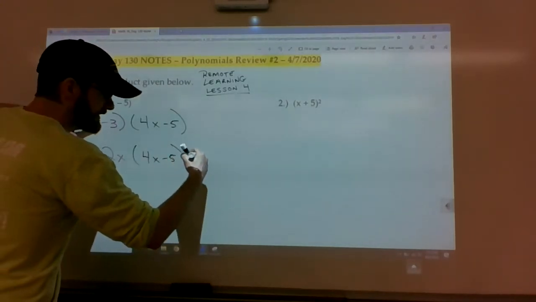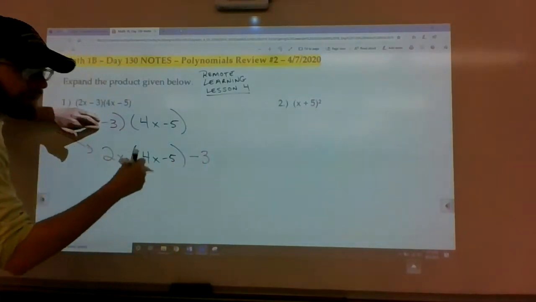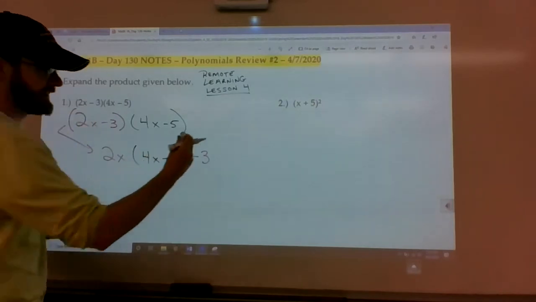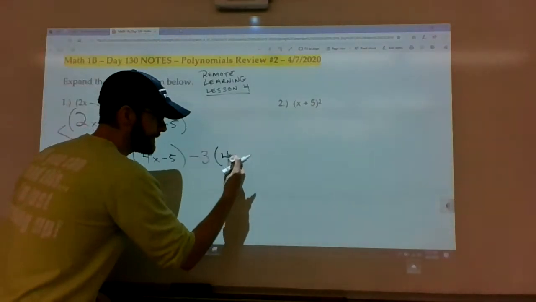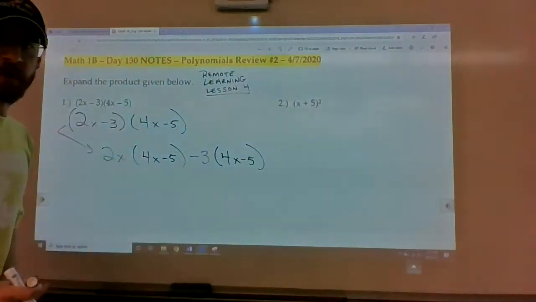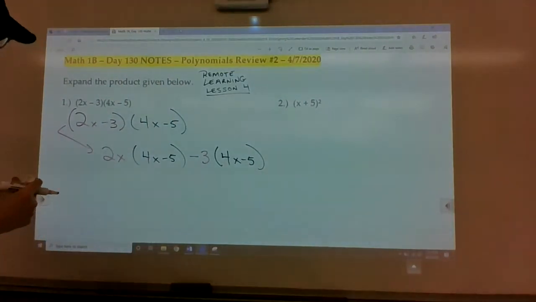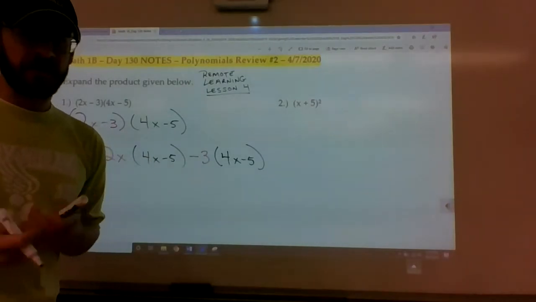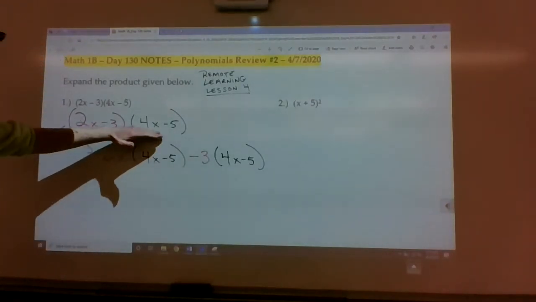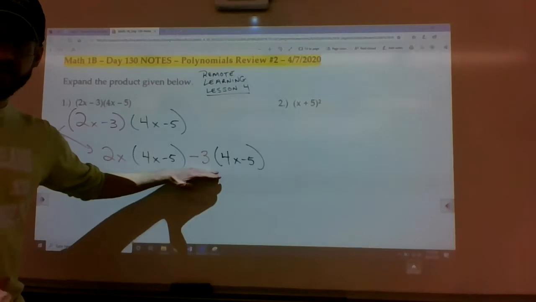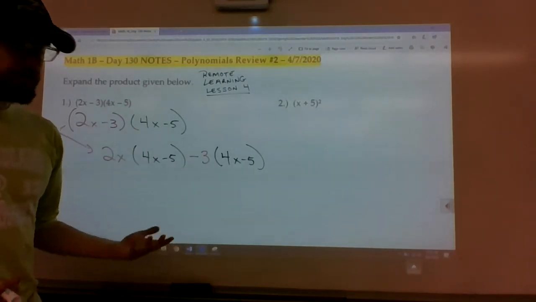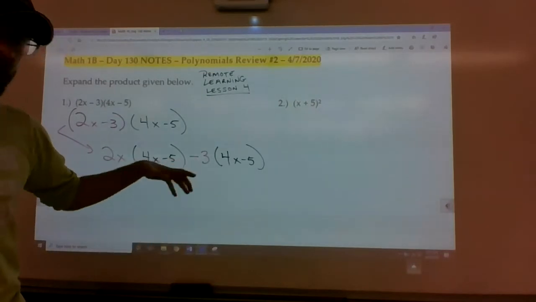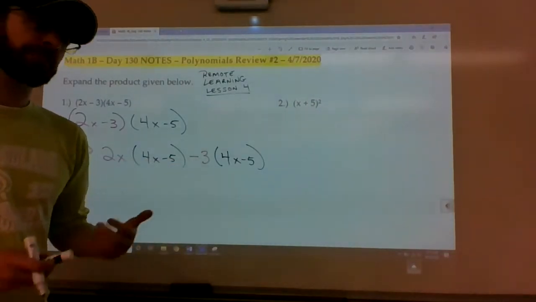So I'm going to put minus 3, representing that needs to be multiplied by 4x minus 5, and I'm putting the 4x minus 5 in parentheses there. And that's the trick. Really, all I did was take a new concept and make it look like a pre-existing concept. We know how to multiply 2x times 4x minus 5 and then subtract the 3. That's something you guys did on the previous lesson.